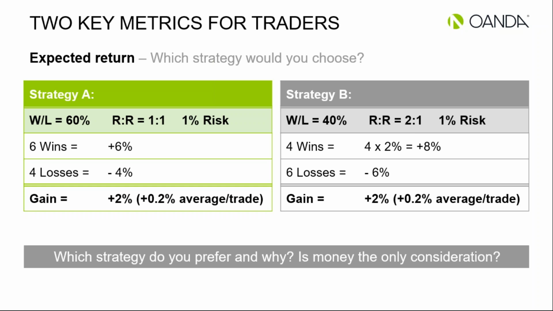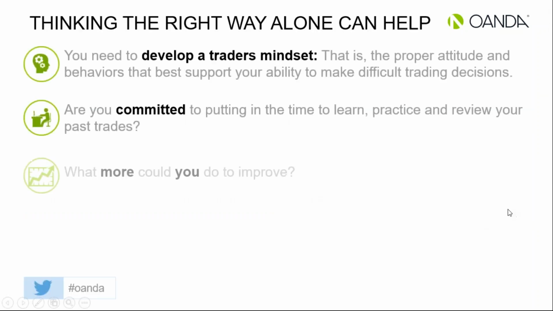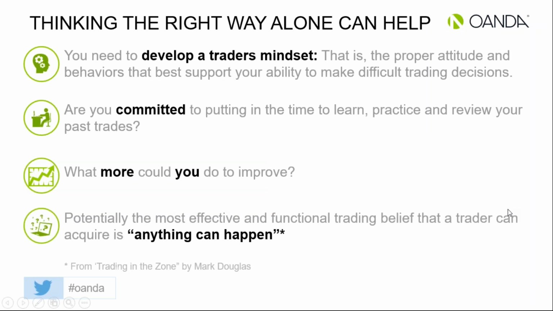Okay, so I'm very glad that most of you, if not all, have picked up on that point. Money is definitely not the only consideration. So mindset is equally important, and you will need to develop what we call the trader's mindset.